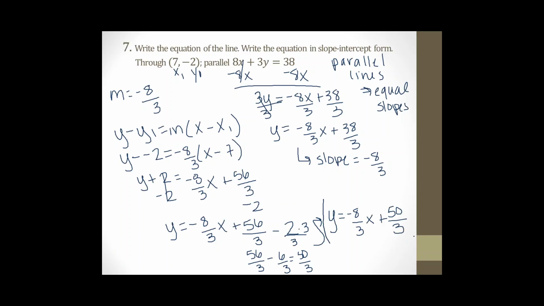This is our equation in slope-intercept form. Notice that our slope here is that same -8/3 as the slope of the equation that was given to us.